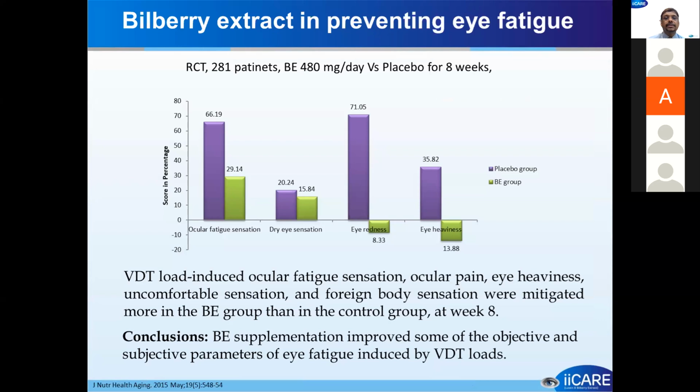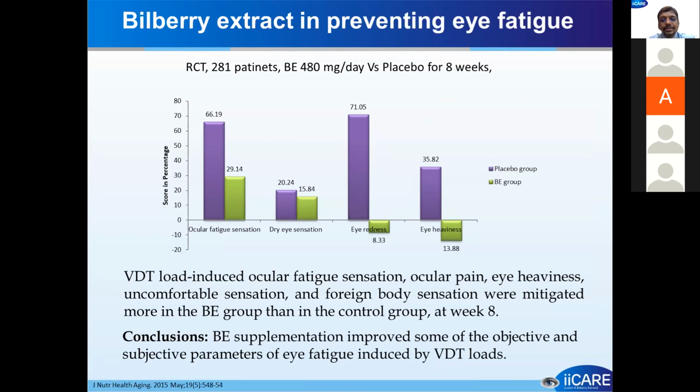So I'm sharing with you one study with bilberry extract in preventing eye fatigue, wherein they studied 281 patients who were given 480 milligrams of bilberry extract per day, and they were compared with placebo for 8 weeks. What they found was that the ocular fatigue sensation and symptoms were improved.